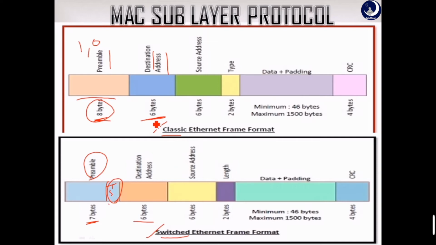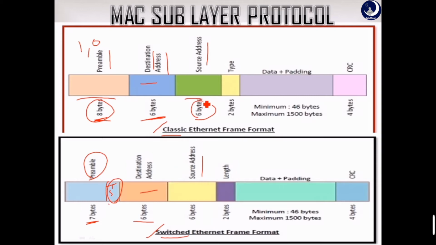Here the destination's MAC address will be stored. If the bit is 0, then it is an ordinary addressing. But if it is 1, then it is group addressing, which is also known as multicasting. Next is followed by the 6 bytes, which is the source address. Here the MAC address of the source station will be stored.